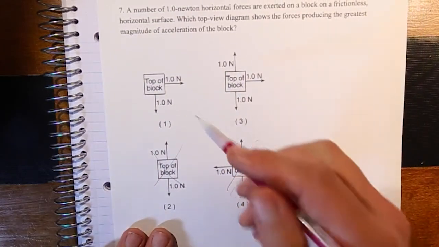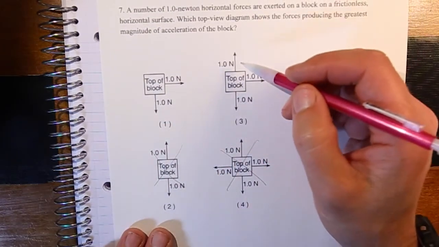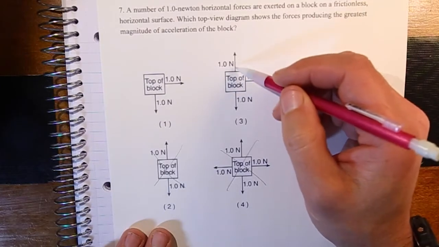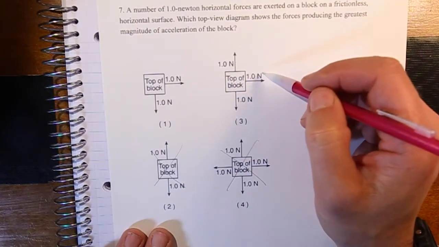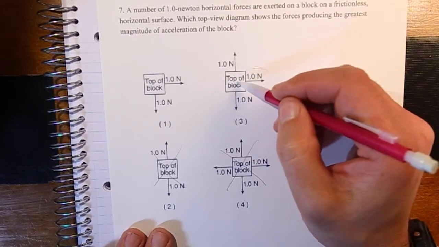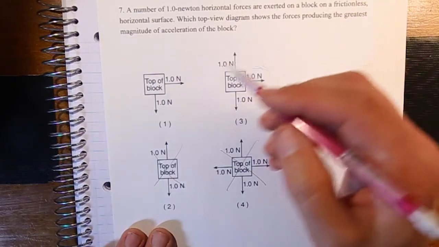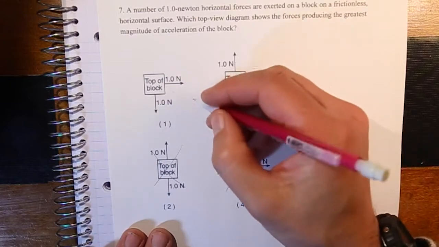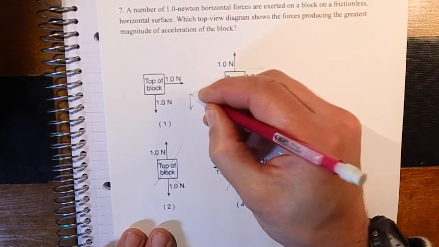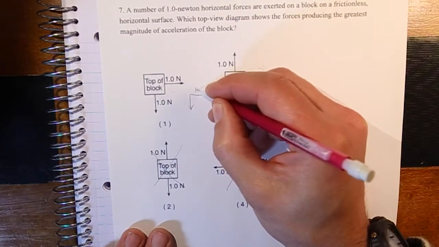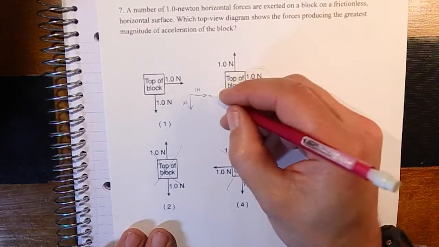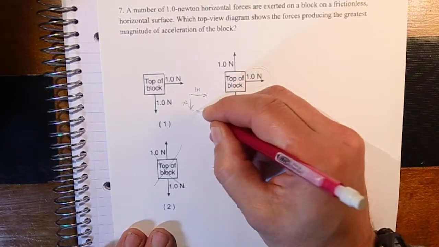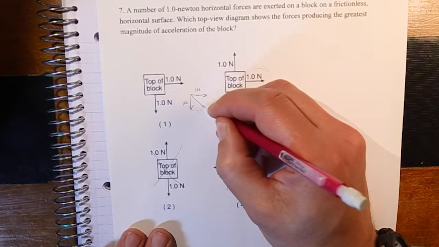So let's look at these 2 vectors. This one is going to cancel with this one, so the vector sum is going to be 1 Newton. The vector sum of this is going to be this vector and this vector combined, producing a new vector out here.